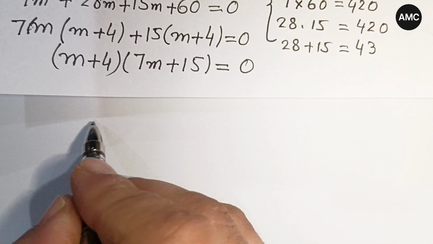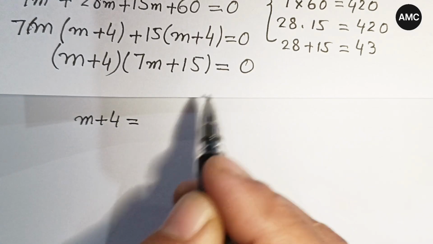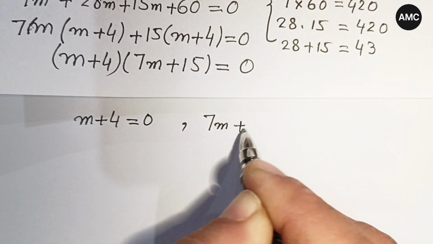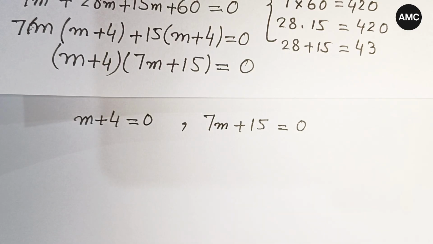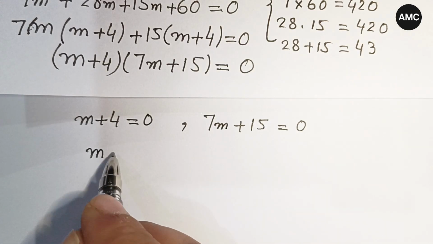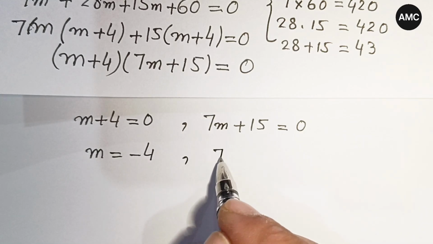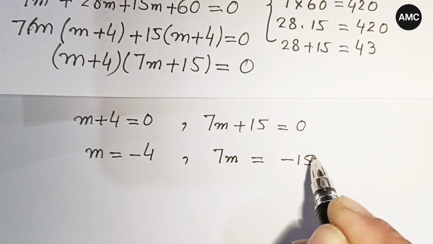Next, m plus 4 is equal to 0 and 7m plus 15 is also equal to 0. From the first equation we have the value of m is minus 4, and from the second one 7m is equal to minus 15.